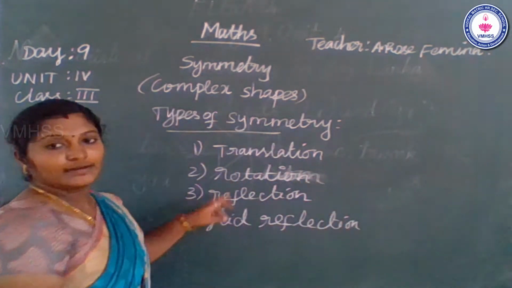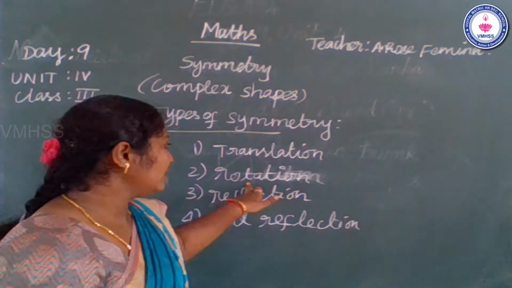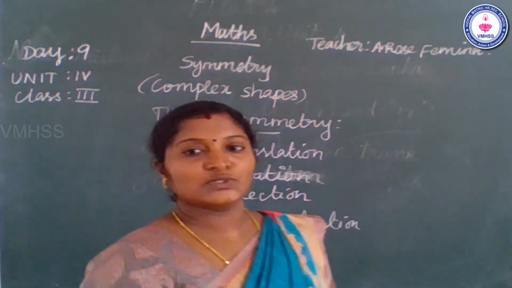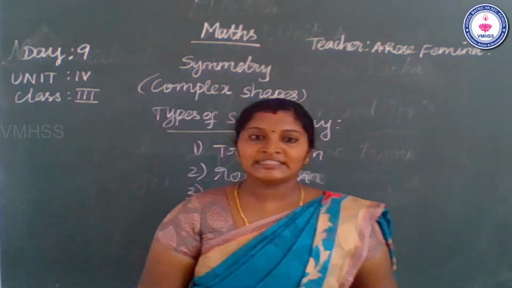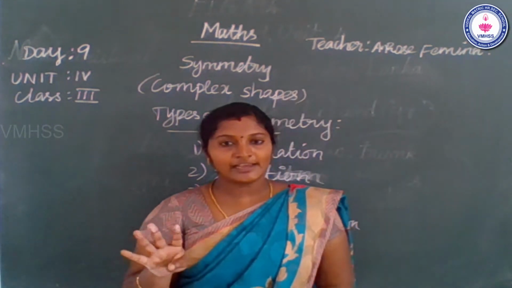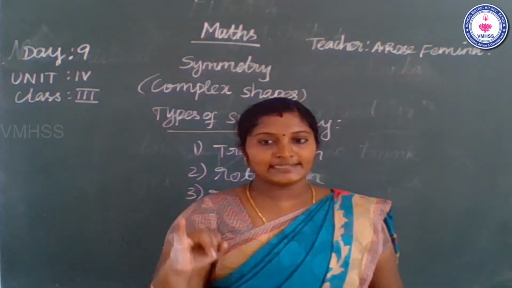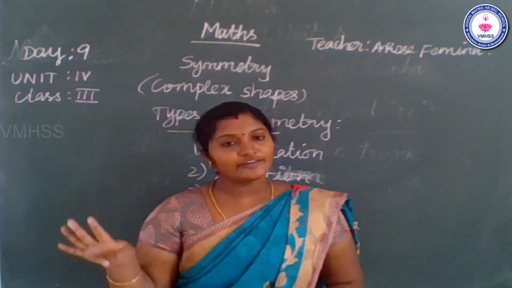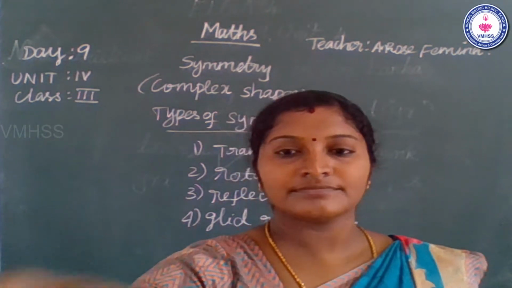What is the first one? Translation. So, translation, rotation, reflection and glide reflection. These are the four main types of symmetry. So, what are the four types of symmetry? The four main types of symmetry are translation, rotation, reflection and glide reflection. See the next slide.